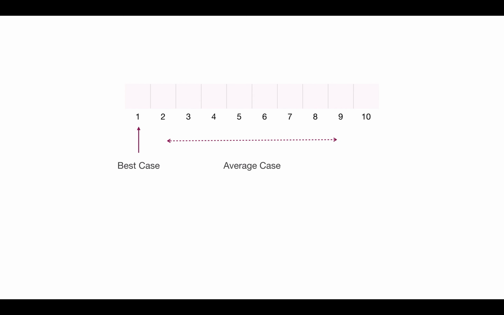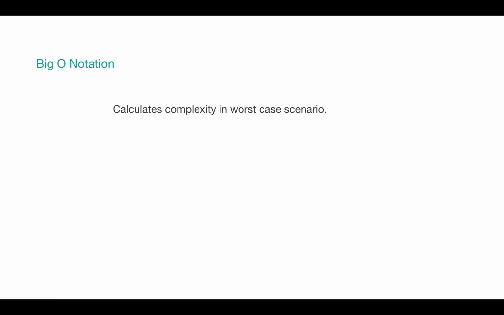And the worst case is where we find the element at the end. So we calculate complexity for the worst case. Other than that, there are notations like theta, omega, and many more that are used to define complexity, but they are not as accurate and useful. So we use big O notation.